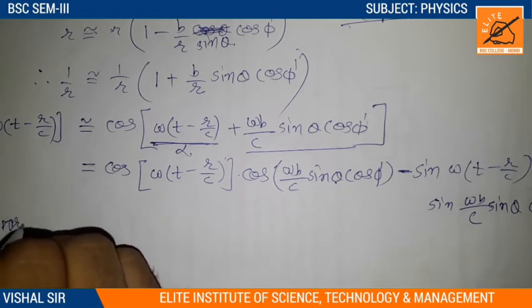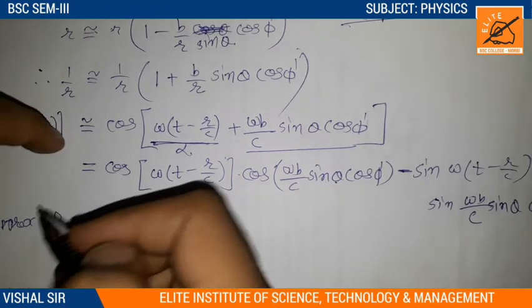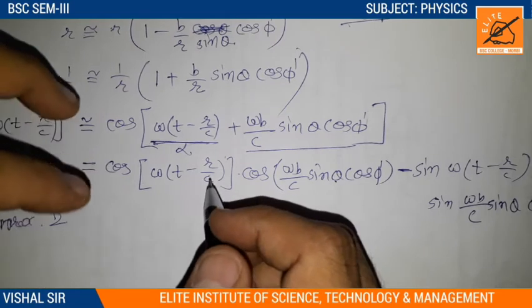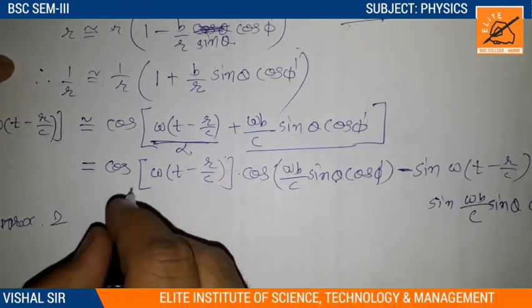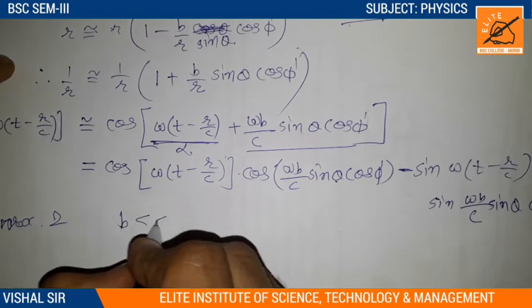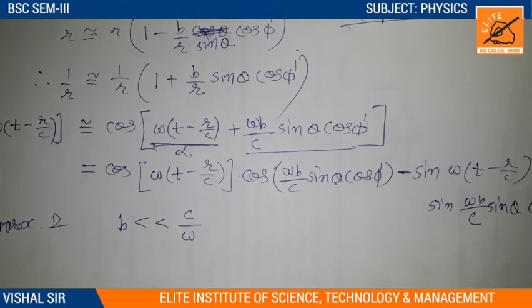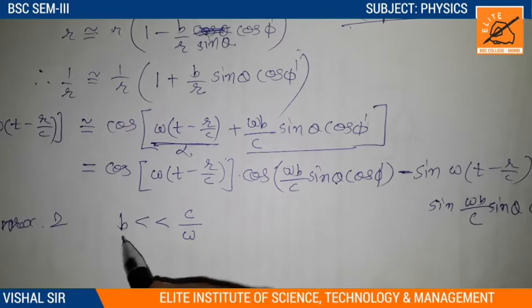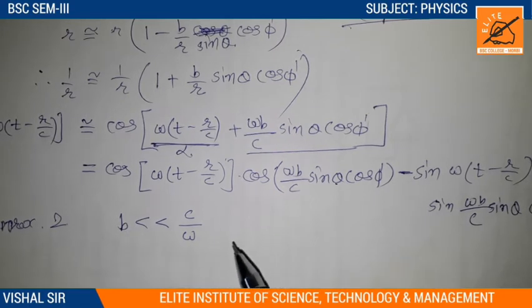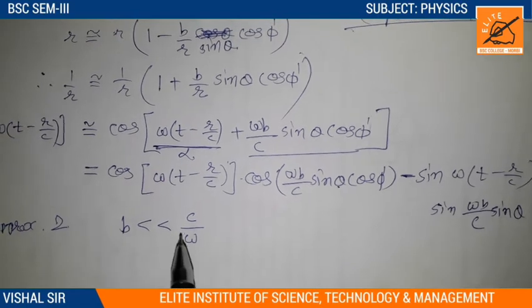Okay, approximation 2. What is the approximation? We assume that the size of the dipole is small compared to the wavelength radiated. It means b is less than c upon omega. Okay, so c upon omega is the wavelength and b is the radius of the wire loop. So here we have assumed that size of the dipole is small as compared to the wavelength radiated.